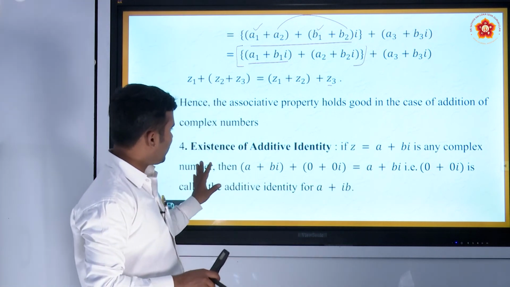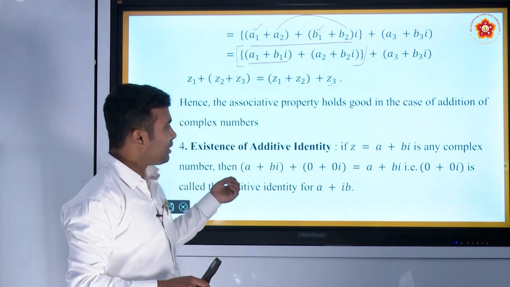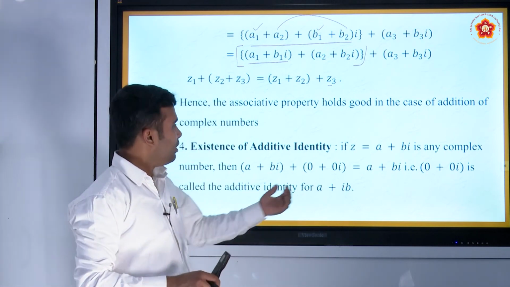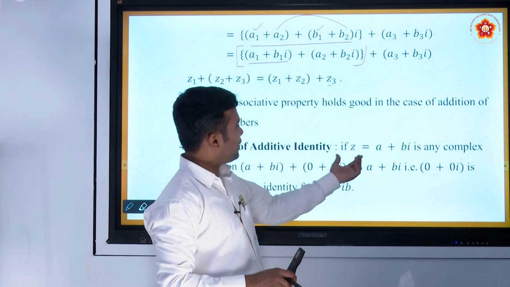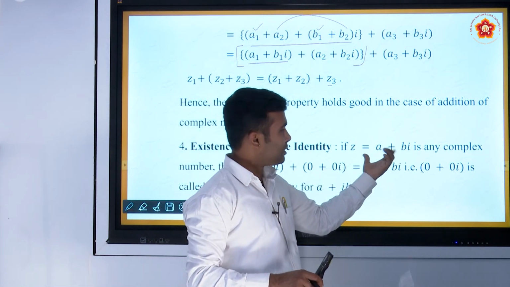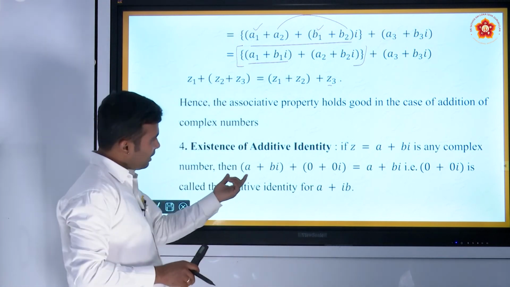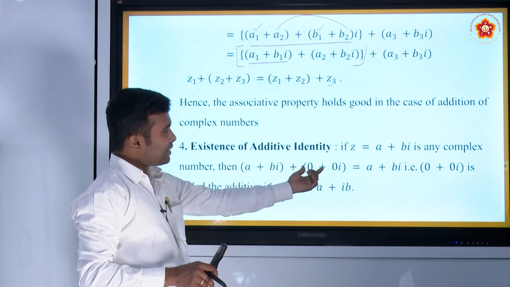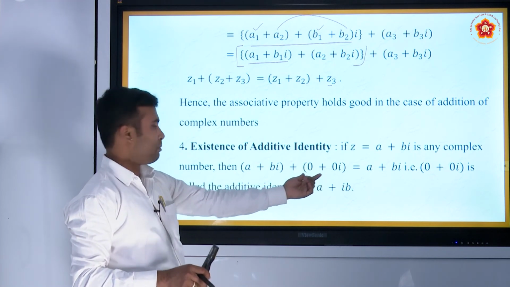To explain, the additive identity is 0, as we know, and that can be explained as follows. z is equal to a plus bi. This is a complex number, and there exists another number, say 0 plus 0i, which is actually the additive identity of complex numbers.